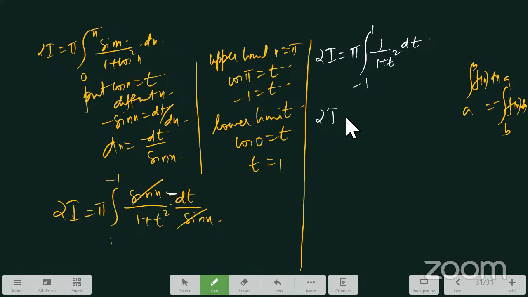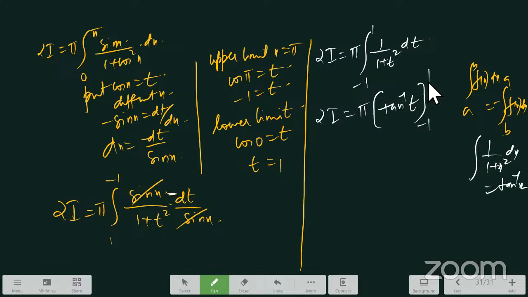So 2I is equal to pi, and 1 by 1 plus t square is tan inverse t. Integration of 1 by 1 plus x square is tan inverse x, from minus 1 to 1.